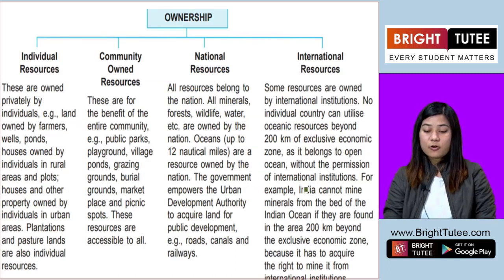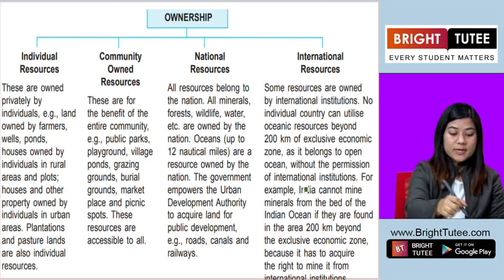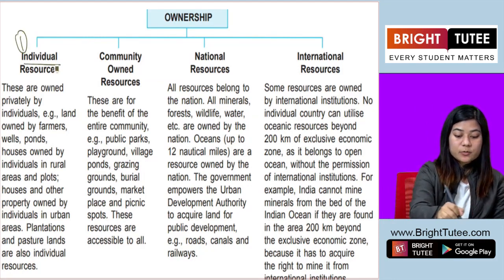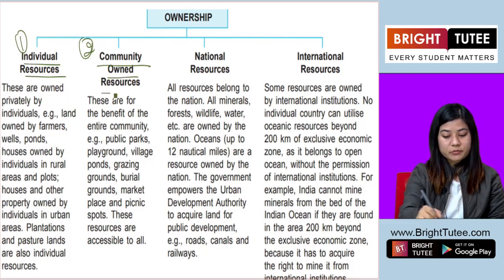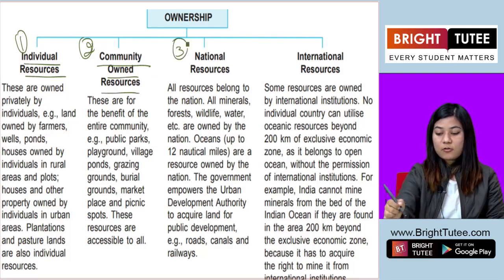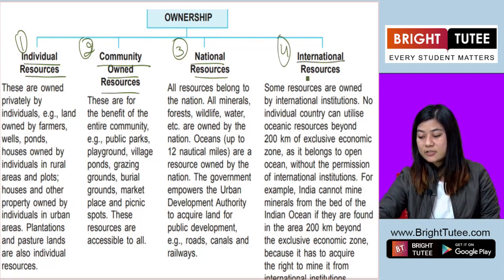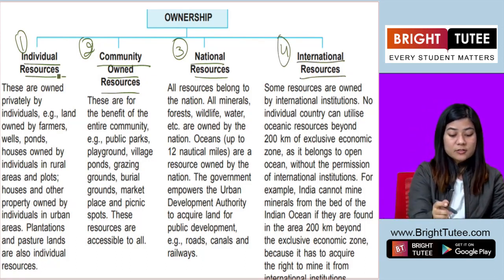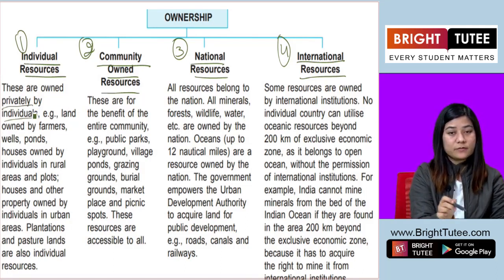Based on ownership, the resources are divided into four types. First is individual resources, second is community owned resources, third is called national resources, and fourth is called international resources. Individual resources are those owned privately by individuals.